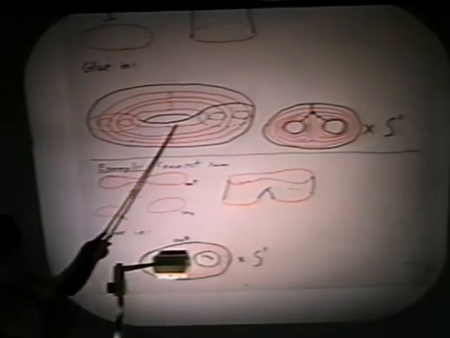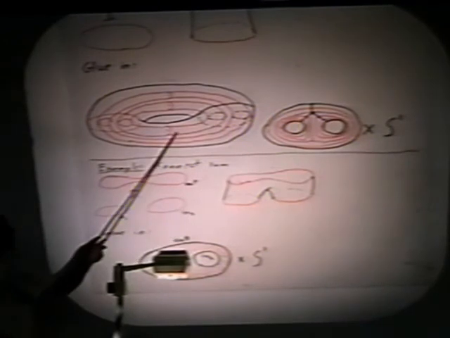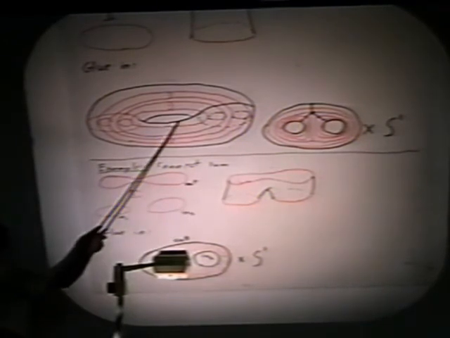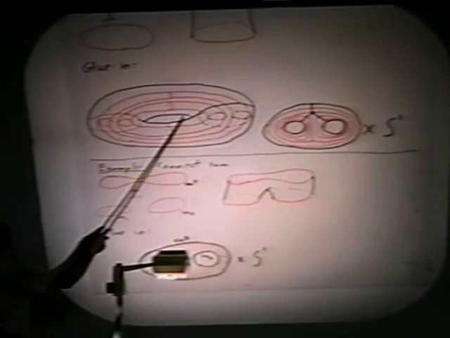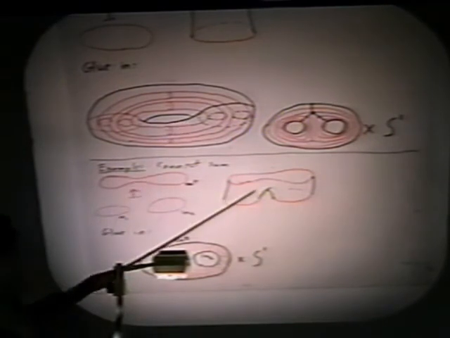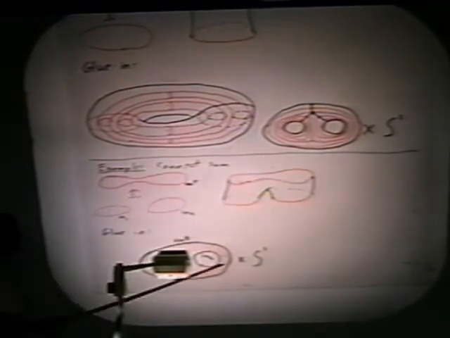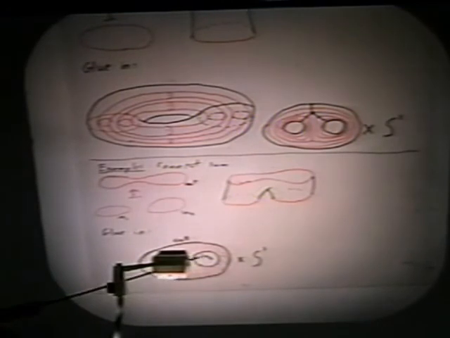And you can see this bundle as a circle bundle over a pair of pants here. It's just a pair of pants.